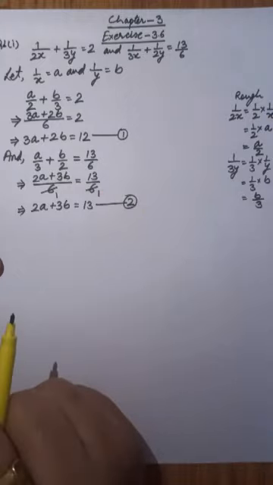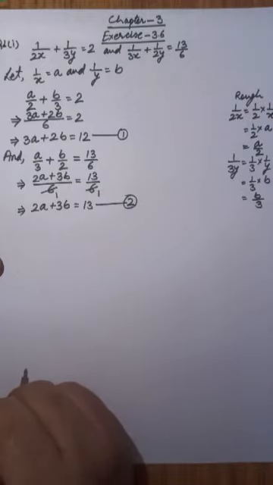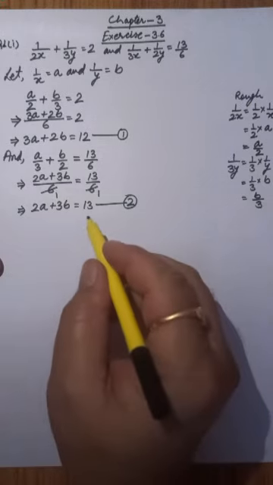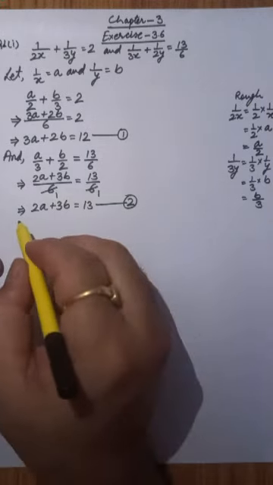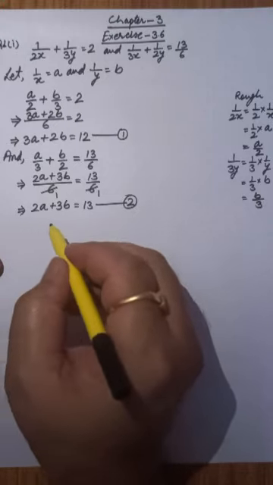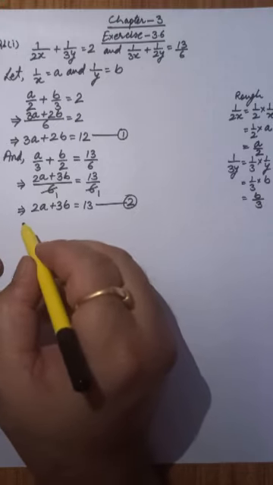These equations are normal equations as we were solving in previous exercises. Now we'll solve by the elimination method. You can use any method, but here I am explaining the elimination method.